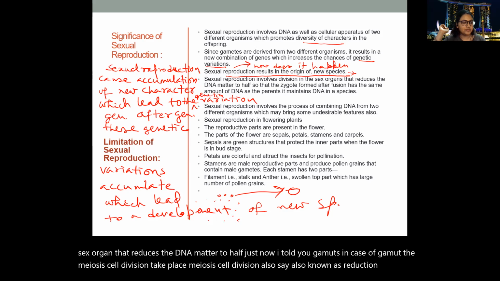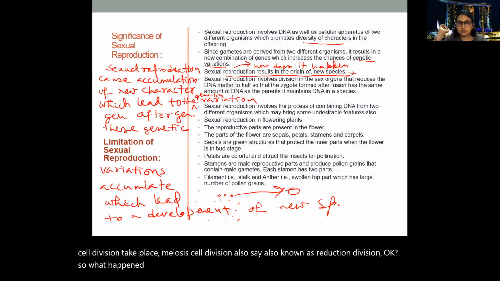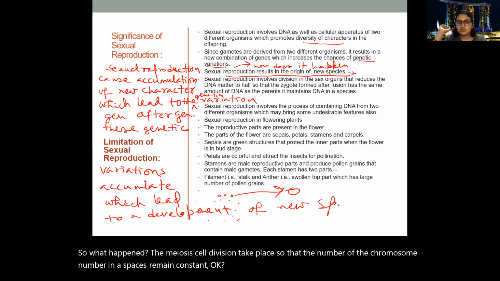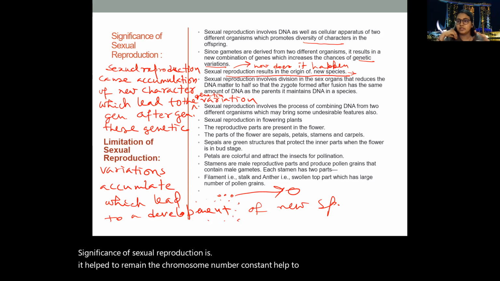So the meiosis cell division takes place so that the chromosome number in a species remains constant. One very important significance of sexual reproduction is that it helps to keep the chromosome number of a species constant.